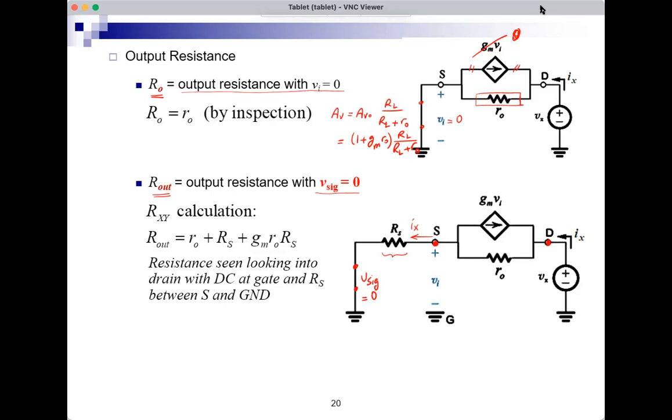The output resistance of the common gate is small ro only. But this quantity Rout, which sometimes we want to find, we set Vsig equal to 0 to find it, is ro plus Rs plus gm ro Rs, because we're looking into the drain of the MOSFET with DC at the gate, a certain bias voltage at the gate, and between the source and ground, I have Rs or Rsig.